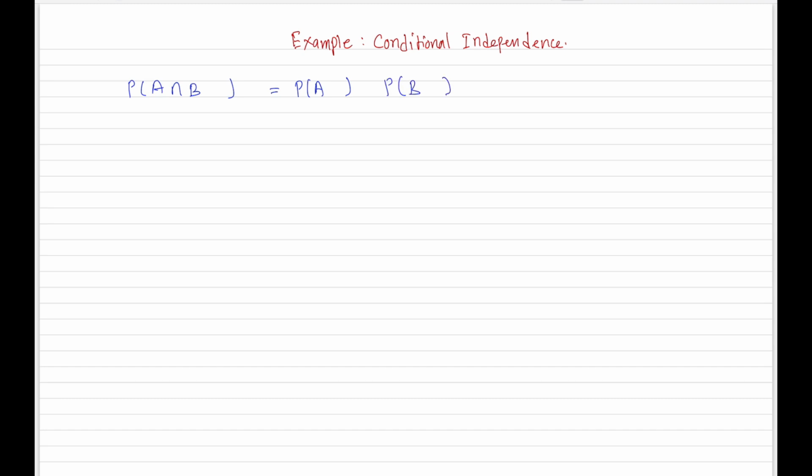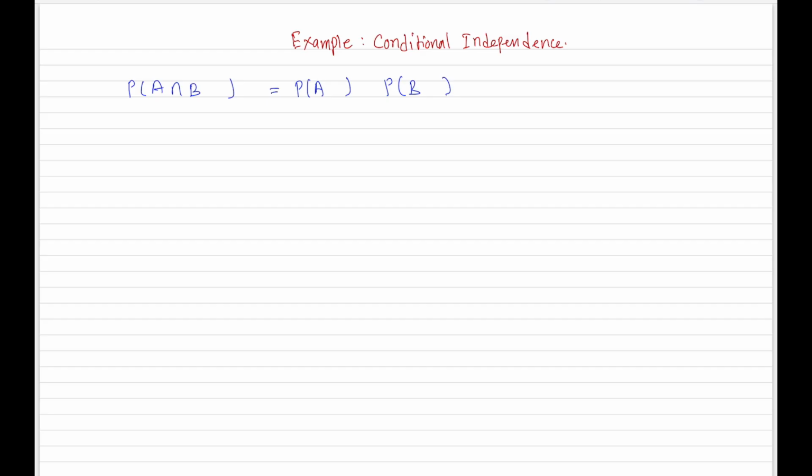We have not given any condition or any evidence. So this is what we have seen as independence of two events, and similar things we have applied in the case of random variables, with two random variables and with multiple random variables.